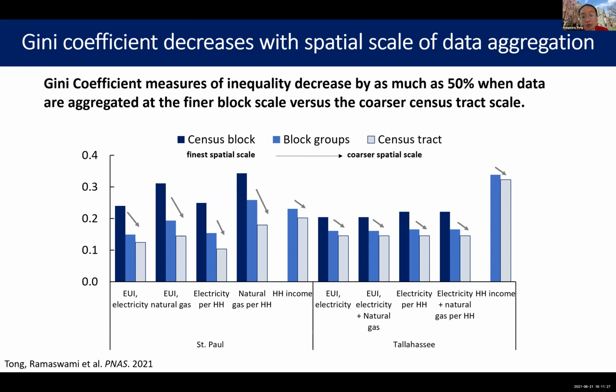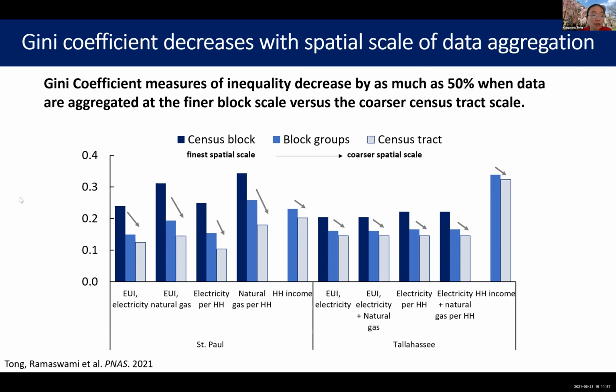And then I aggregated to the block group level, and then to the census tract level. And I did this analysis across multiple energy use metrics, like EUI and energy use per household. I have the household income as a comparison. And what I find is that the Gini coefficient decreases by as much as 50% when data is aggregated from the finest to the coarsest census tract scale.